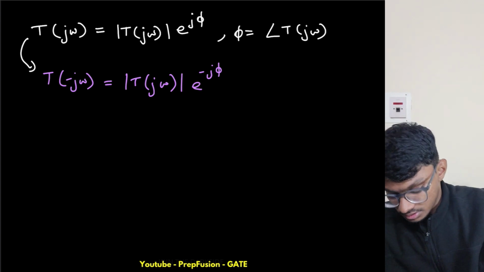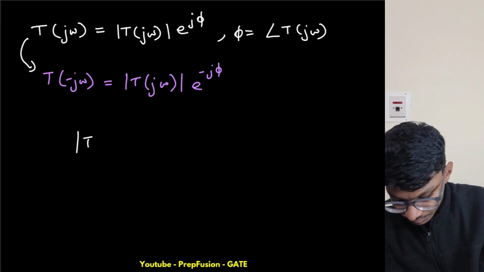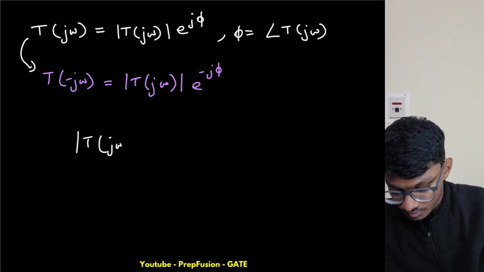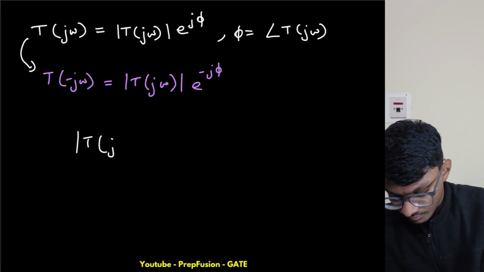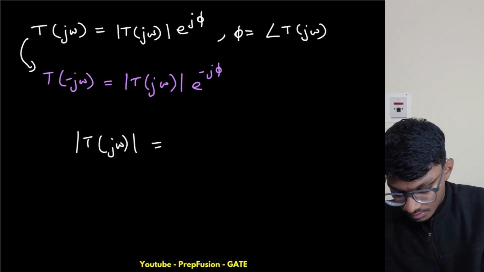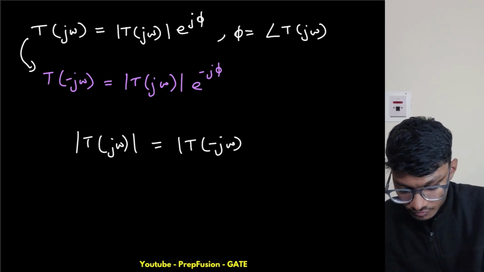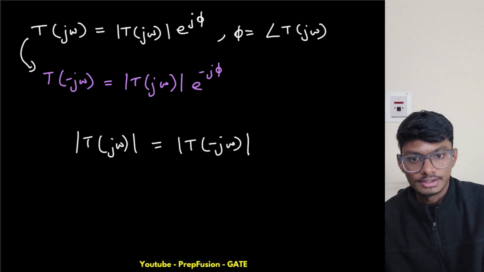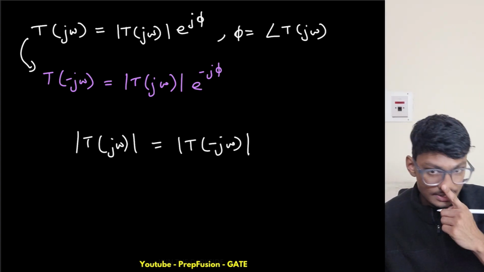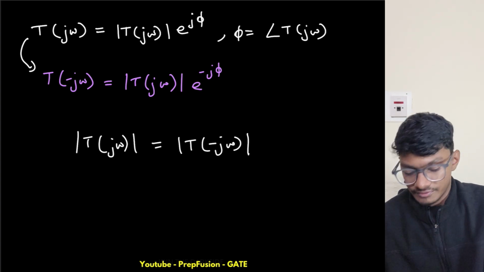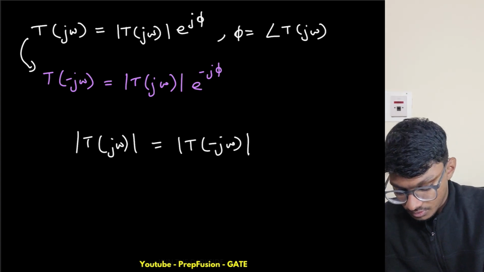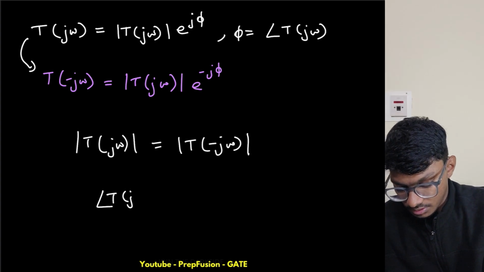Basically, the magnitude of T of j omega and T of minus j omega are the same, but the phase is negative. So the angle of T of j omega is minus the angle of T of minus j omega.